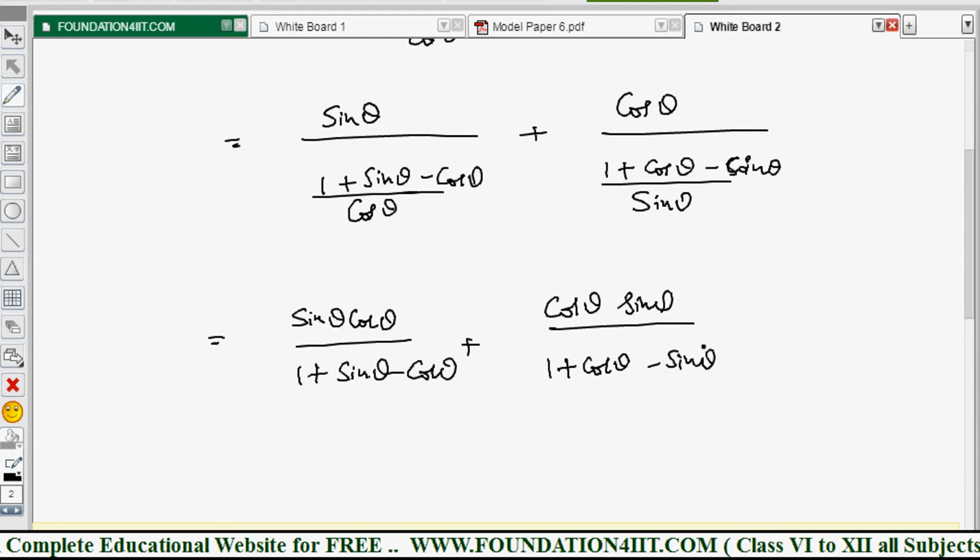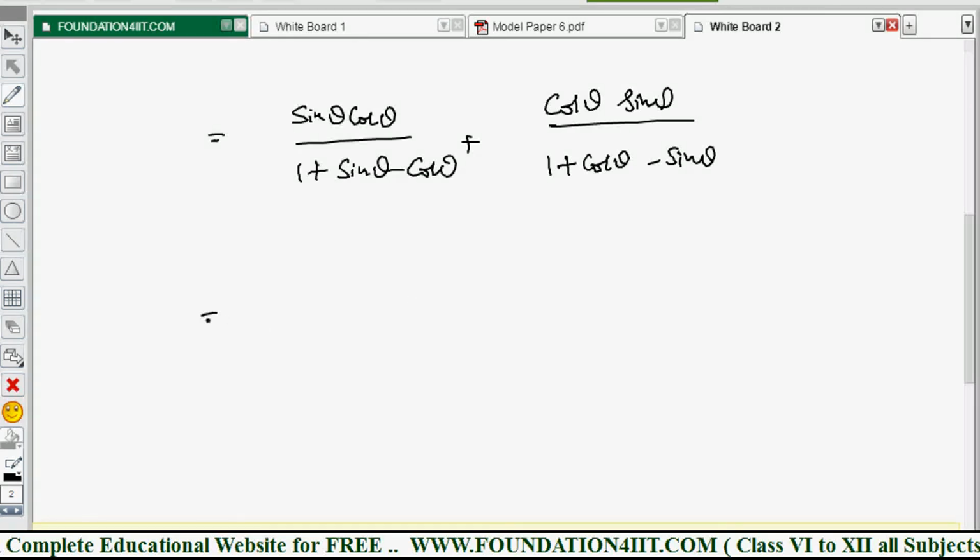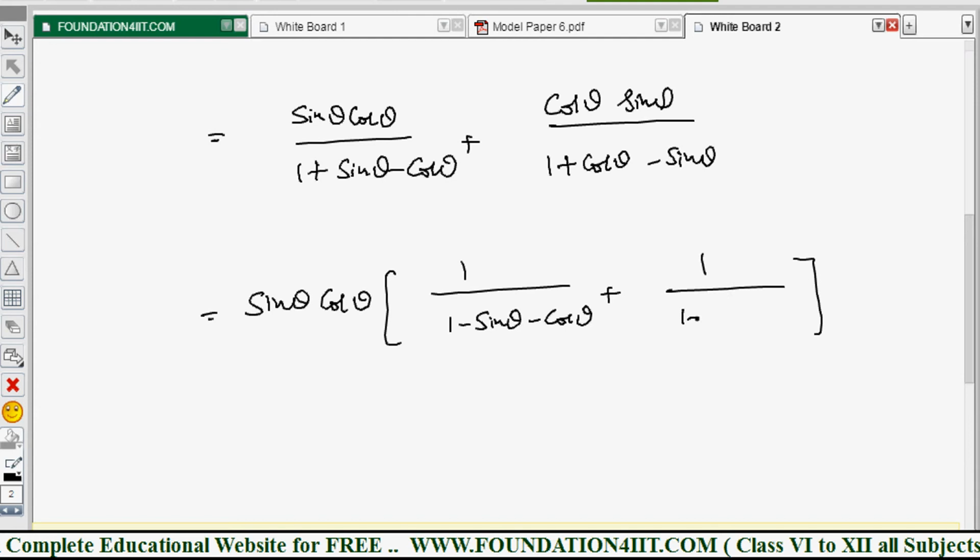Let us take sin into cos common from both numerators. Sin theta into cos theta, let us take common. Everything is common, so 1 by 1 minus sin minus cos plus 1 by 1 plus cos minus sin theta.